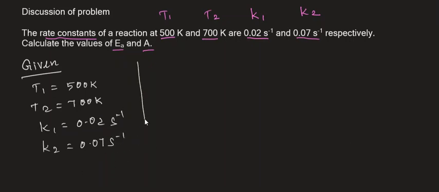Now what is asked to find out? Ea, the energy of activation, then the Arrhenius frequency factor or Arrhenius factor or frequency factor.